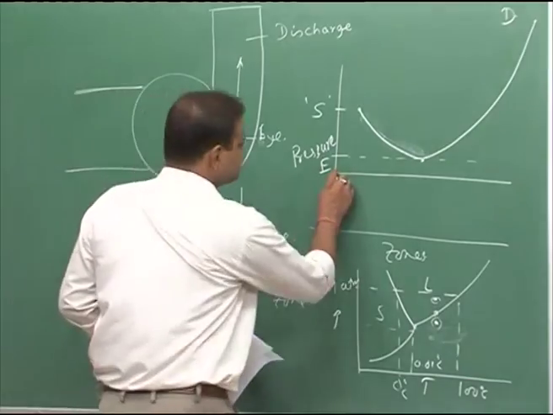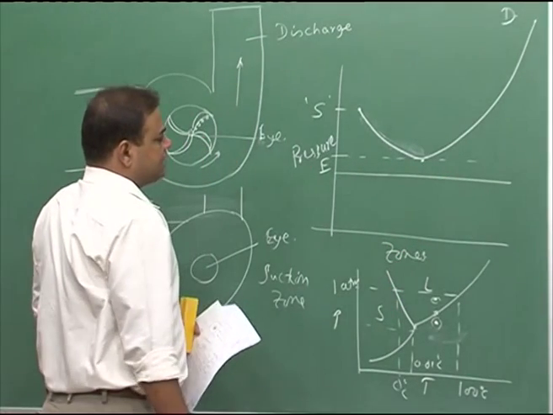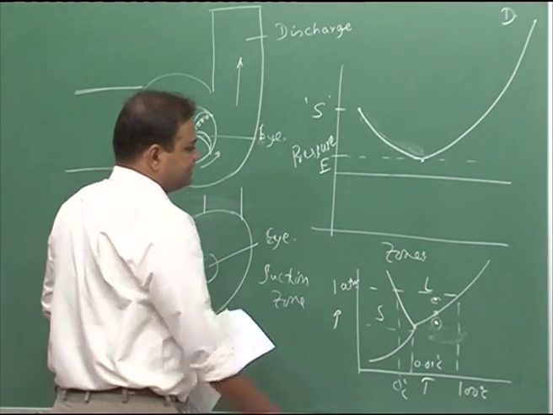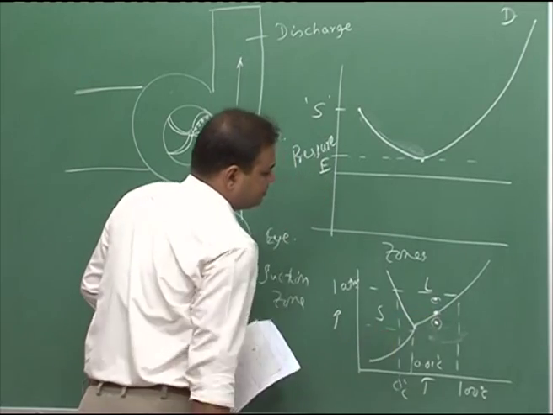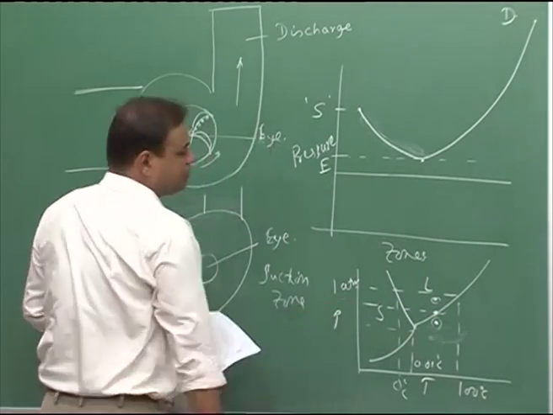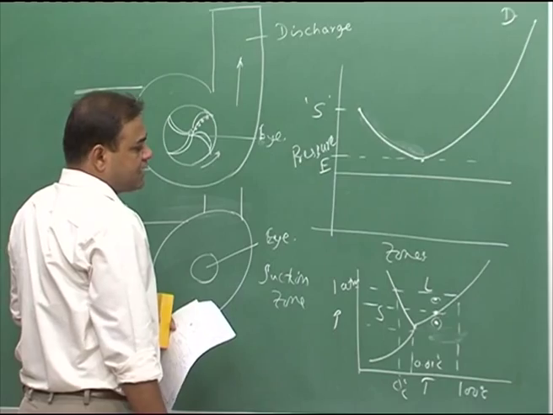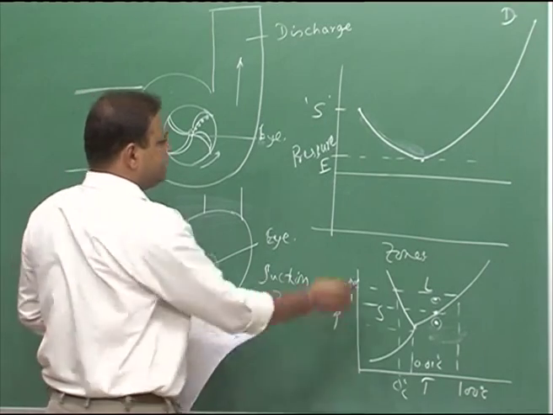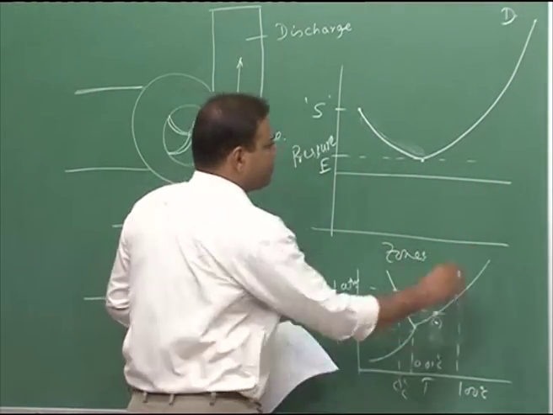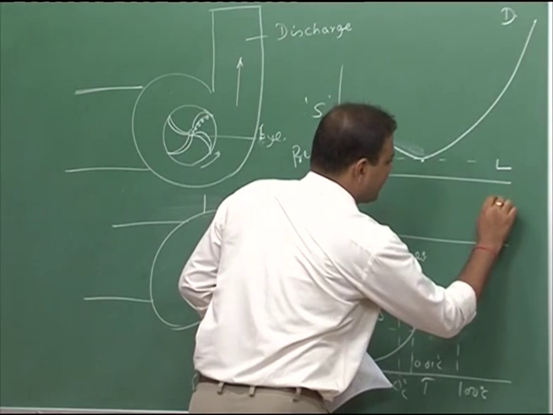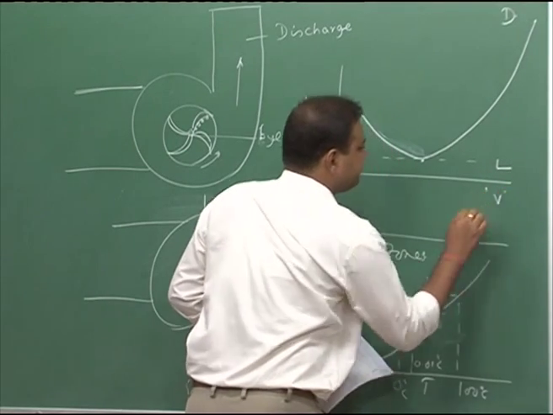Now, let us say this is the pressure needed for a bubble to form at equilibrium at that operational temperature, and this is that pressure line. Above it would be liquid and below it would be vapor.